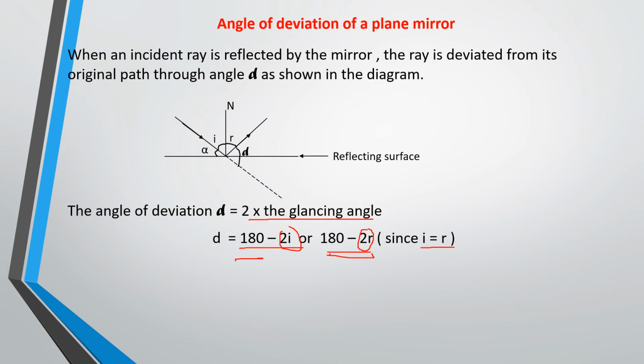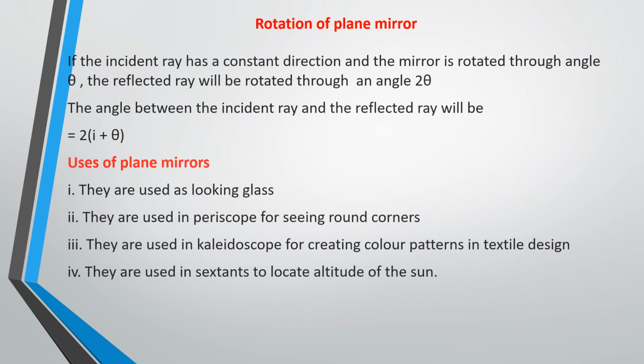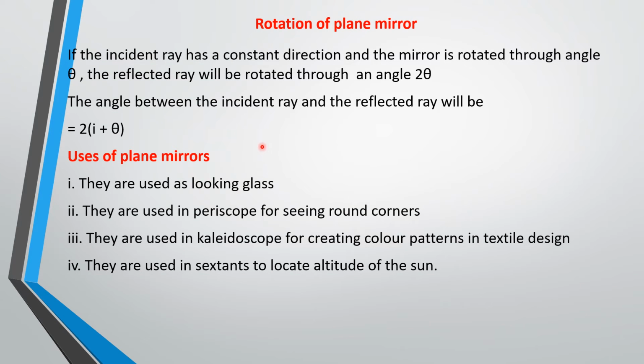What if the plane mirror is rotated? When a plane mirror is rotated, the angle between the incident ray and the reflected ray is given by 2 multiplied by the angle of incidence plus the angle of reflection, all in brackets. While the reflected ray only is rotated through angle 2 theta.